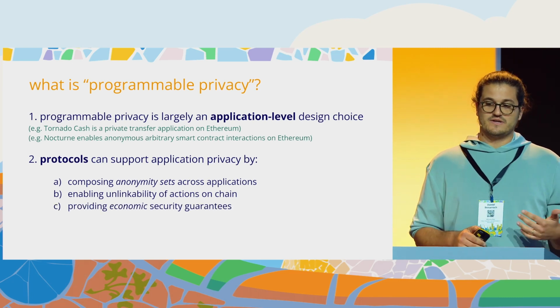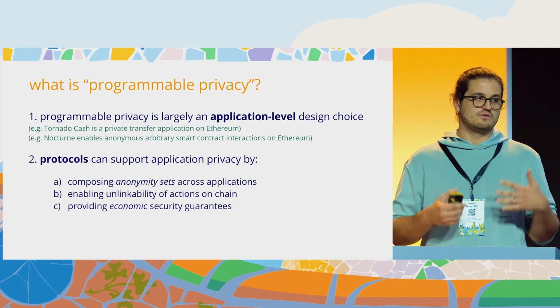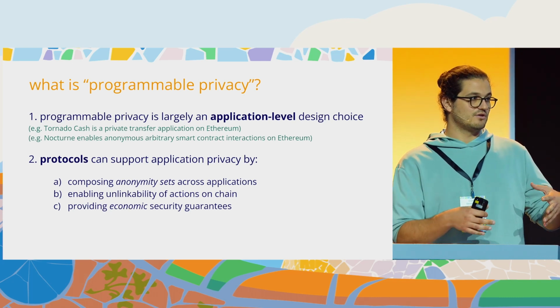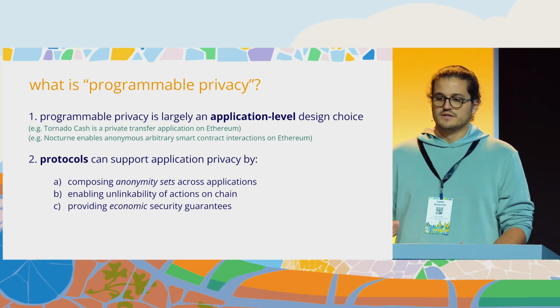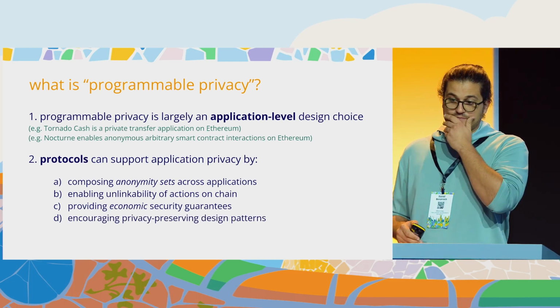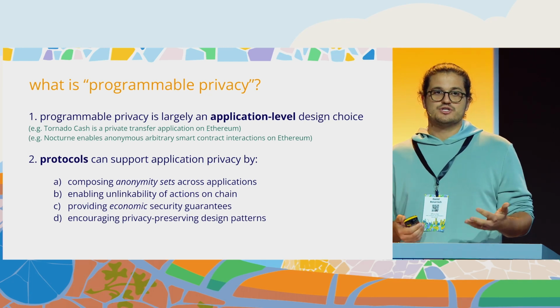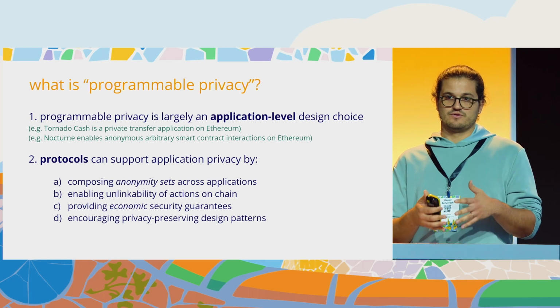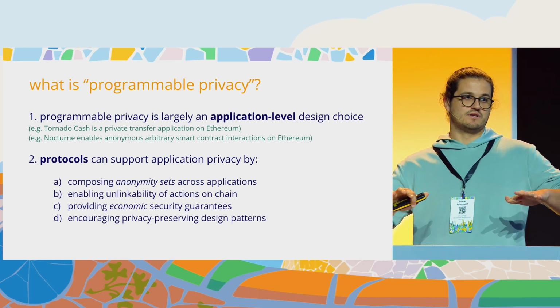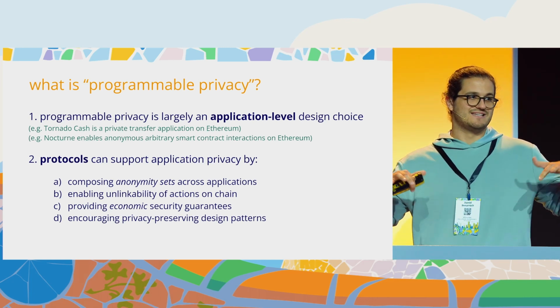Another one is providing economic security guarantees, right? All these assets are now dependent on the protocol and the cryptography, not only for privacy, but also for security. We want to encourage users to have a privacy-preserving design, and this comes down to the way that the protocol is designed.